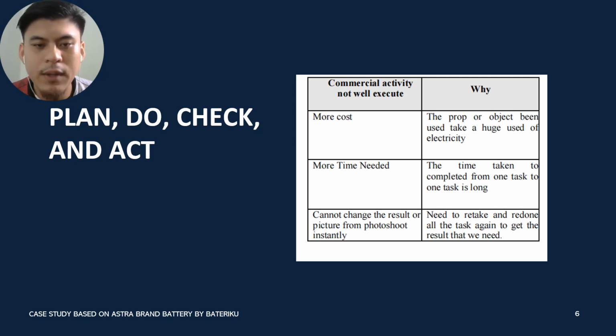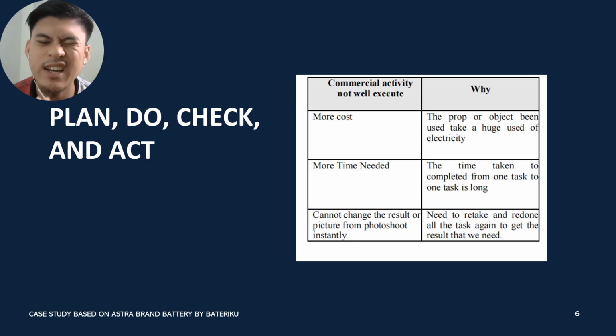For example, when we do the photo shoot and get the result, and when we apply it in a poster or anything else, the result from the photo shoot is not compliant with what we need. So we need to retake it, plan it again, rearrange it again, and shoot it again.